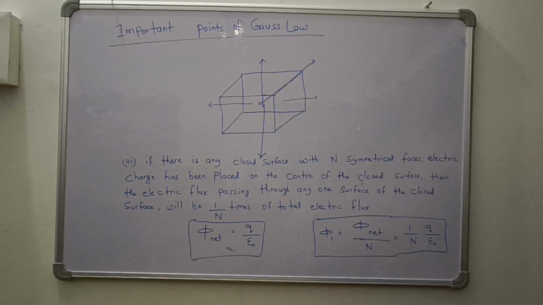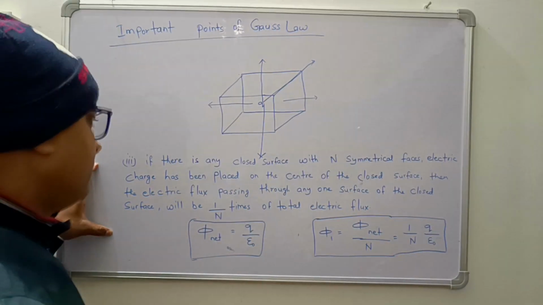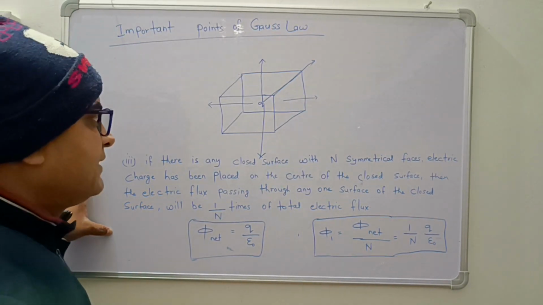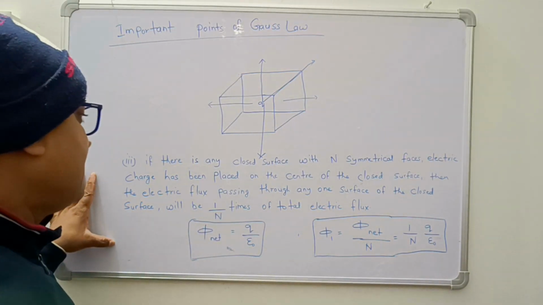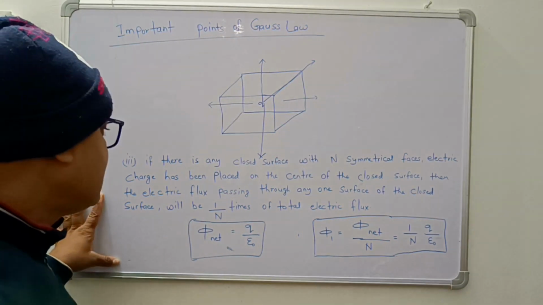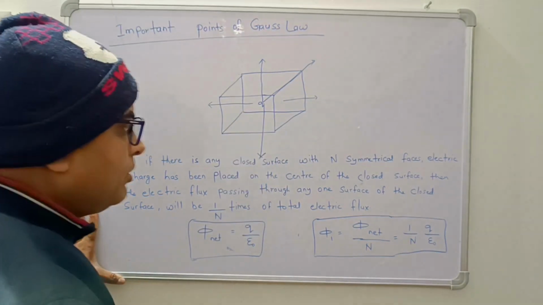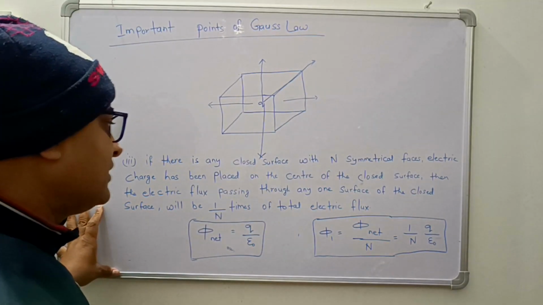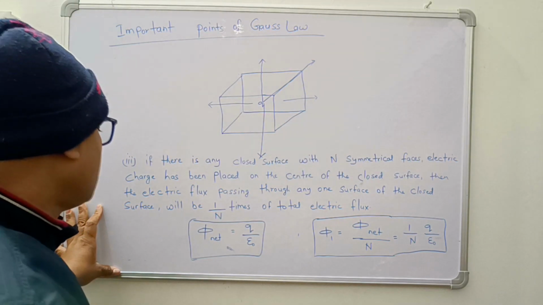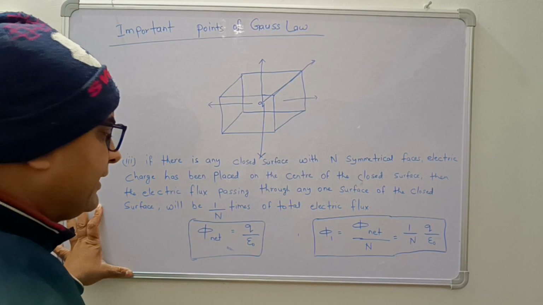Now to simplify this point further, I have written here: if there is any closed surface with n symmetrical faces, and an electric charge Q has been placed at the center of the closed surface, then the electric flux passing through any one surface of the closed surface will be 1 by n times the total electric flux.